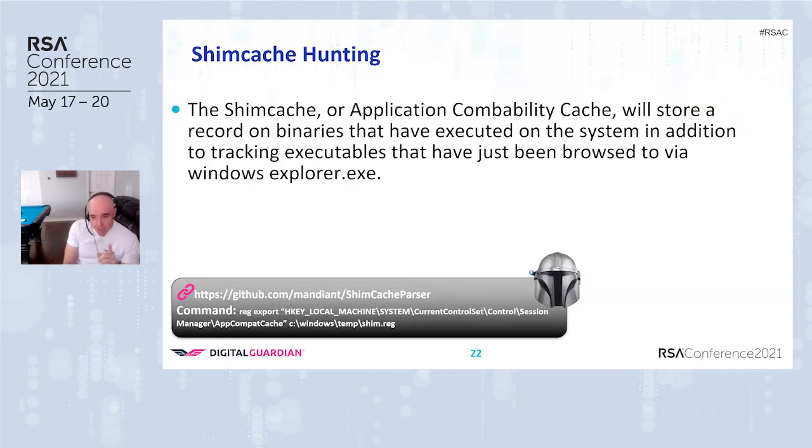All right. Shim cache hunting. If you haven't done this, you need to. The application compatibility cache stores literally a history of all the processes that have executed on a particular machine. So forensically, you can go out into your enterprise and say, hey, has this particular program ever executed across my environment on any particular date?